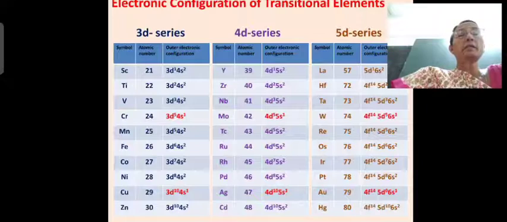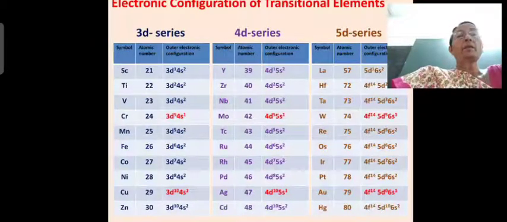Completely half filled structure or completely filled structure is the most stable compared to other structures, right? So 3d4 is very close to the half filled structure, that is 3d5, right? Completely filled structure of d orbitals is 3d10.